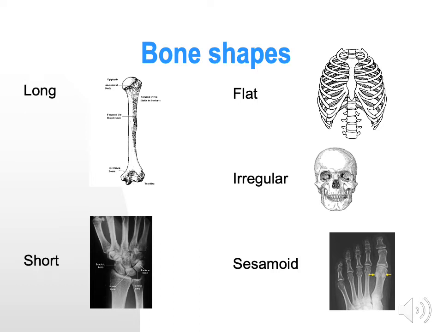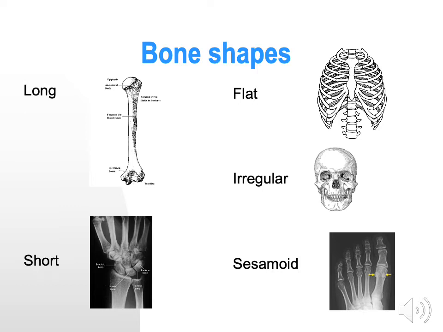And that's why with the examples we often see them in those key protective areas that were mentioned on the previous slide. So the ribs and sternum, as illustrated on the picture here, being flat bones, the cranial bones surrounding the brain, and also the shoulder blade or scapula is also a flat bone.